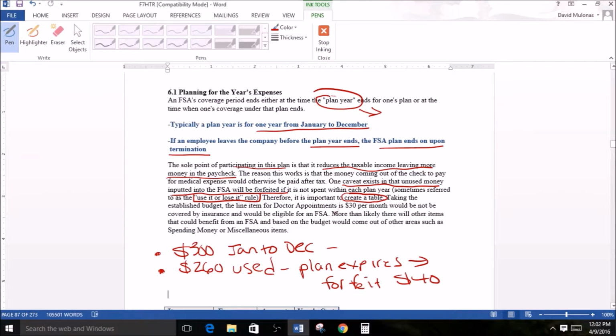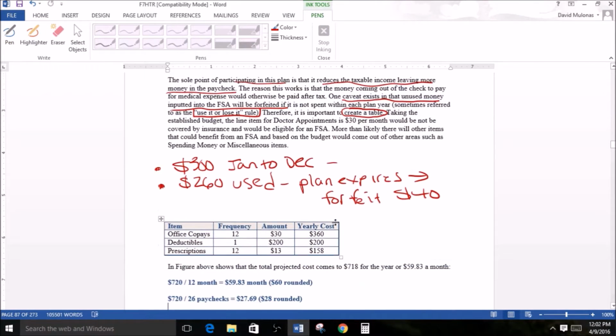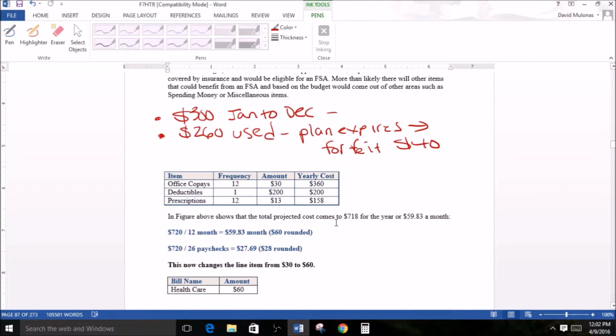We are going to map out, like we do with everything else, in a year cycle to find out what is the best path. Now, granted, you're going to see here that we don't have a whole lot listed. This is something that you're going to have to go figure out. If you're a student taking this class, stuff like this might be something more feasible to know that are common, and maybe not. Maybe there's procedures you've had, or what you're going to need to do is speak to your parents and find out the kind of things they may have to pay for that's not covered by insurance.